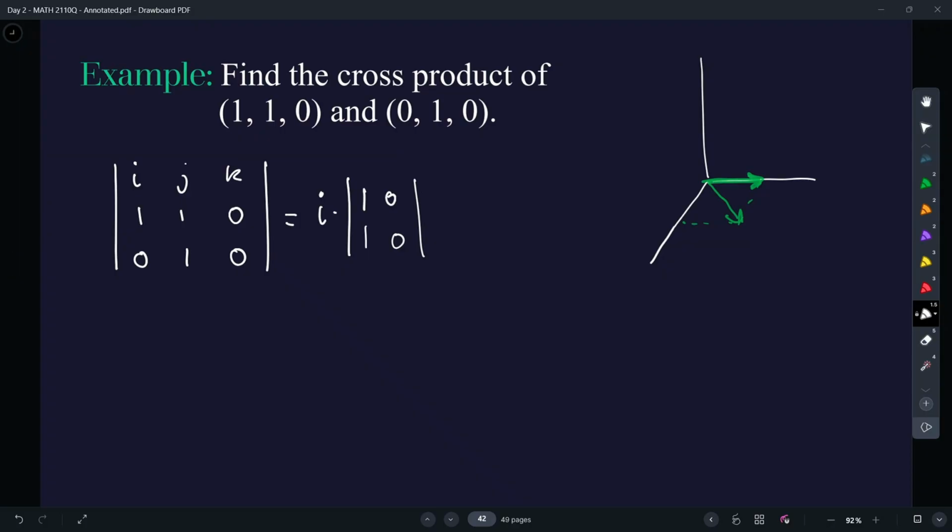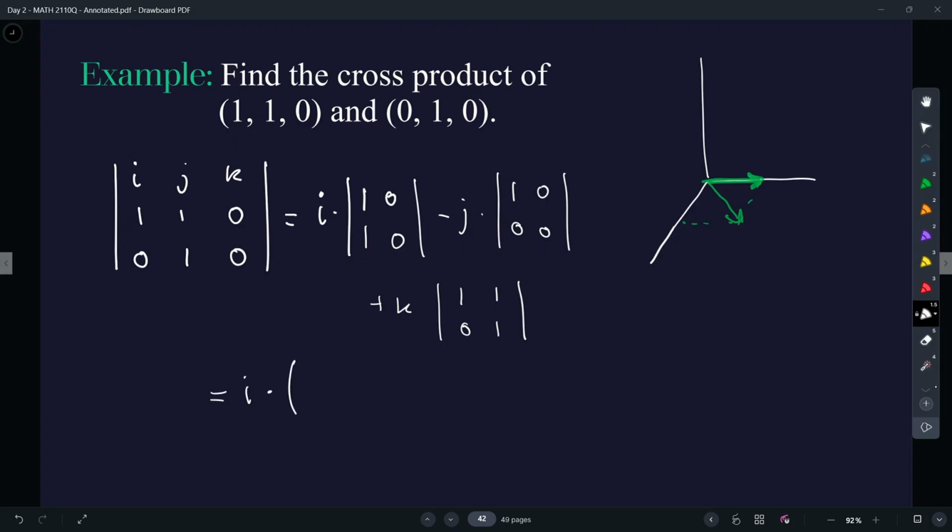This is the determinant that is left when I cancel the first row, first column, minus j times the determinant 1, 0, 0, 0, plus k, let me put it here, of 1, 1, 0, 1. Okay? What is the first determinant?